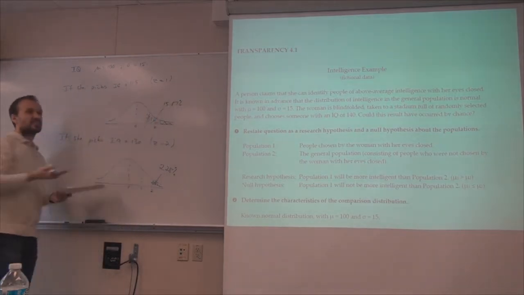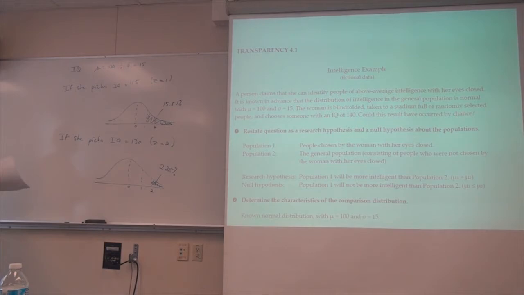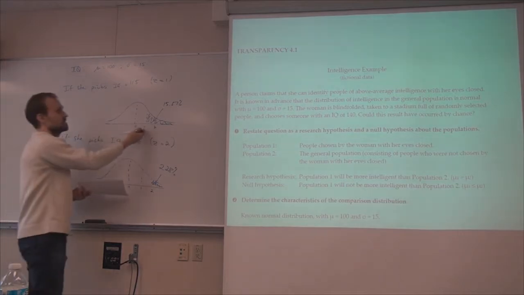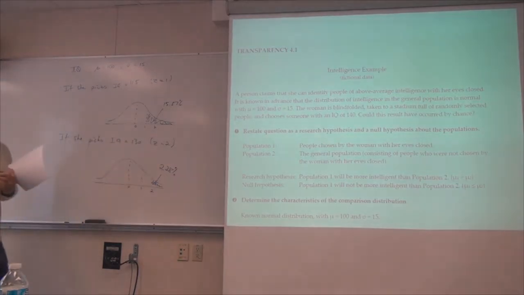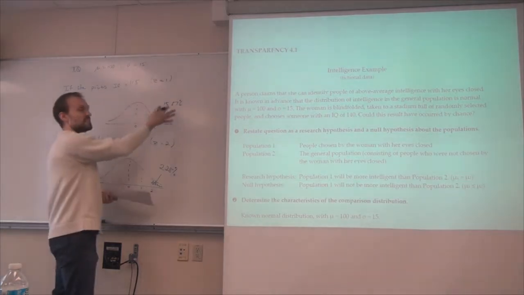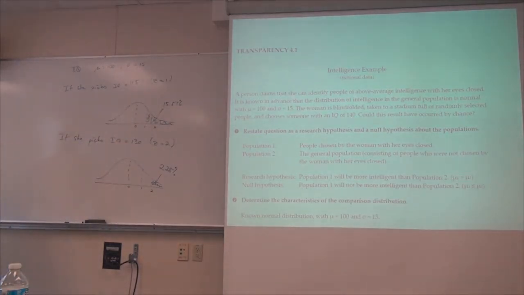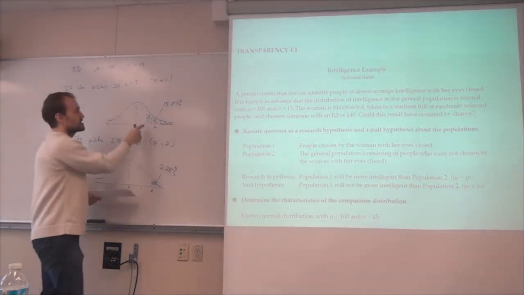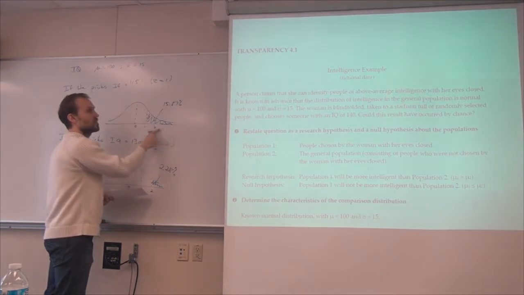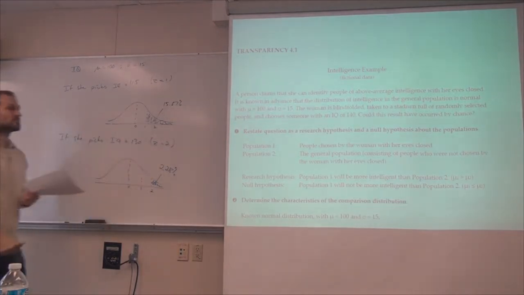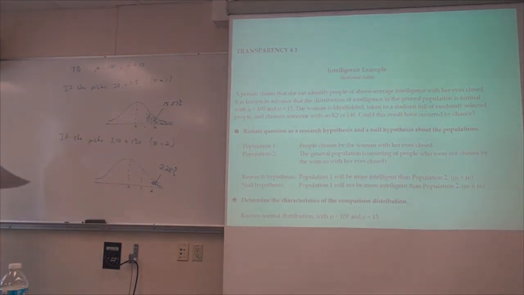So now I think, well, yes, you did pick someone with above average intelligence. It is above average, but it's not above average by much. You had a 15.87% chance of picking that person randomly. If I just randomly pick someone, the probability of them falling in this range is almost 16%. So that could have happened by chance.